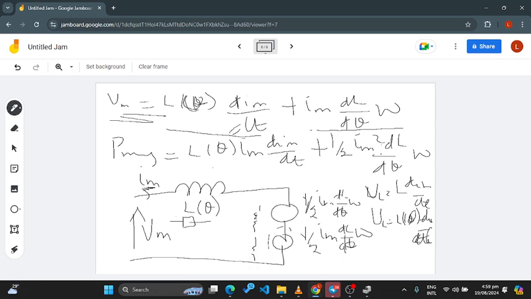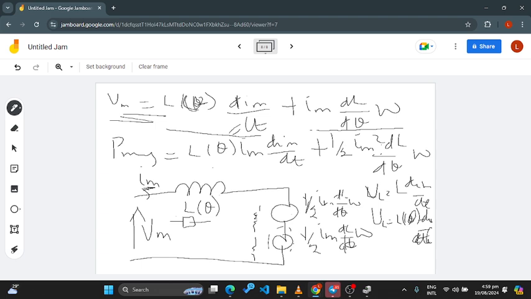If I want to find the power in this, it is just going to be the current over here times the drop over here. Is that okay? If I want to find the power that's consumed in this impedance over here, it's just going to be the current flowing through that times the voltage drop across that.